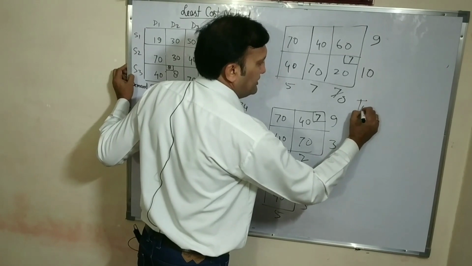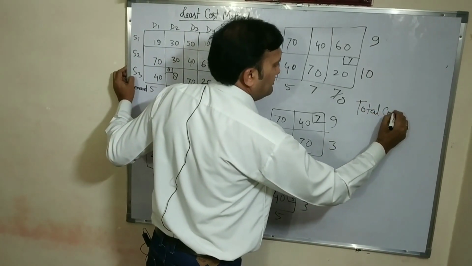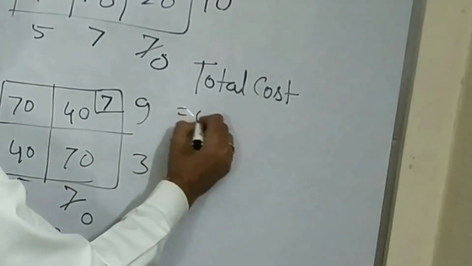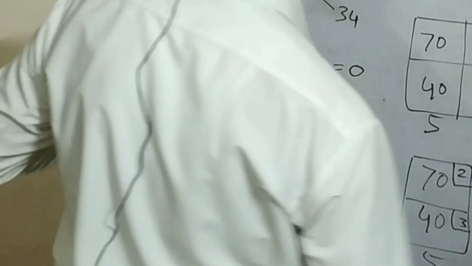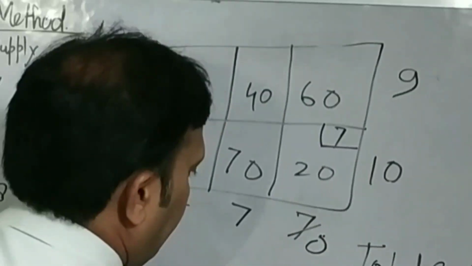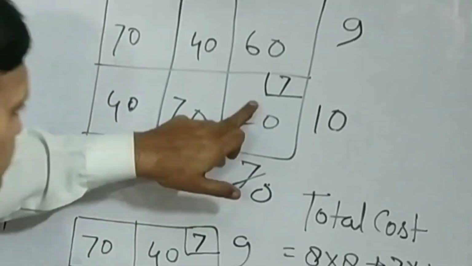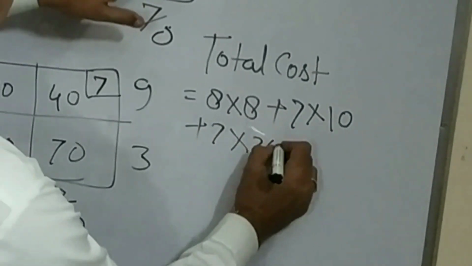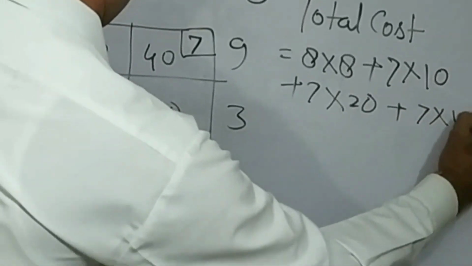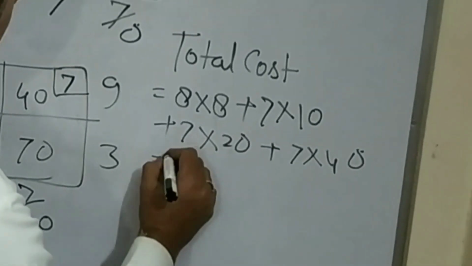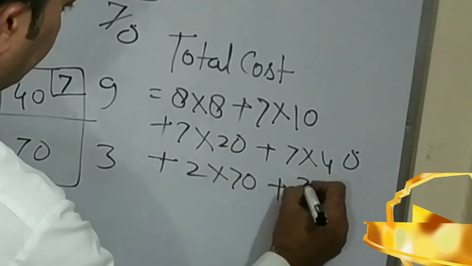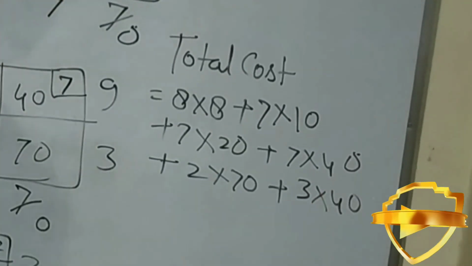Now we are going to calculate the total cost. How will we be doing that? 8 into 8 plus 7 into 10 plus 7 into 20 plus 7 into 40 plus 2 into 70 plus 3 into 40.